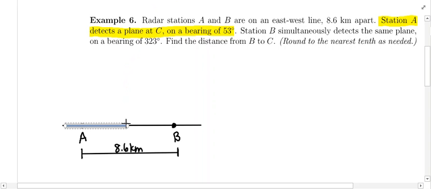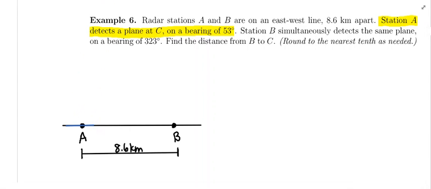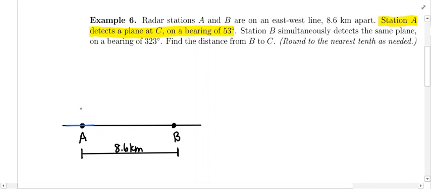At point A, I'm going to draw a north, south, east, and west cross. You can see in blue what I put, the cross. So this would be north, south, west, and east. And the bearing is given by a single angle.